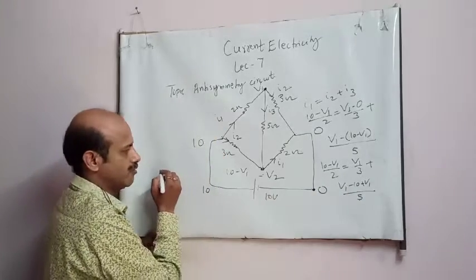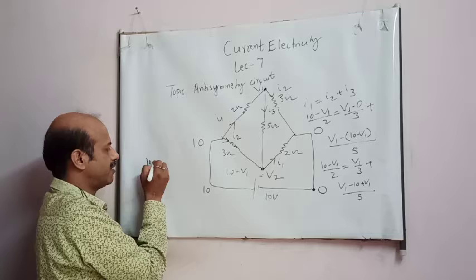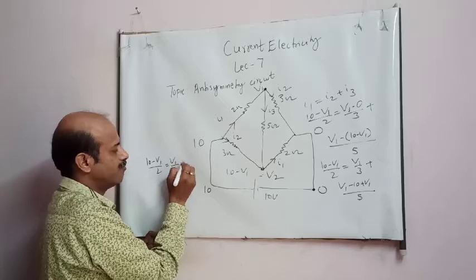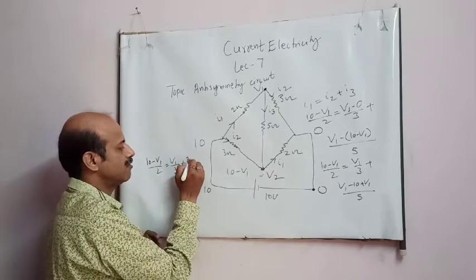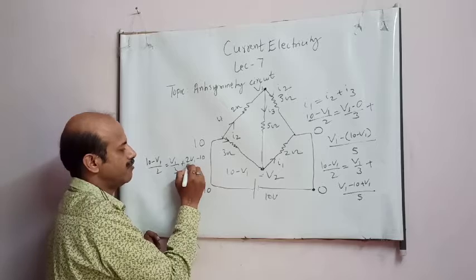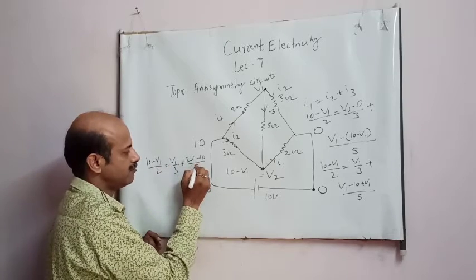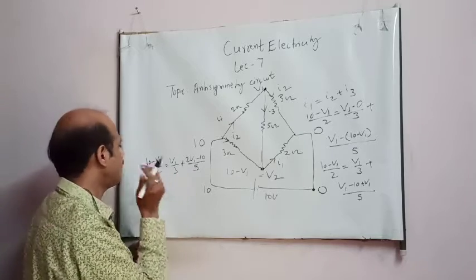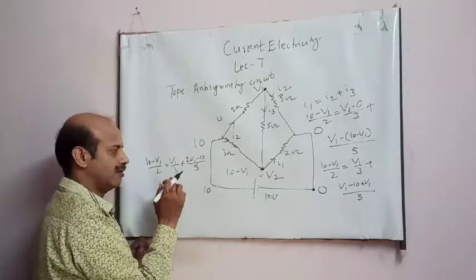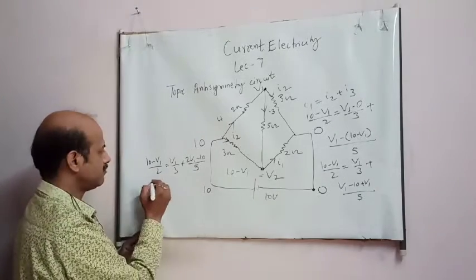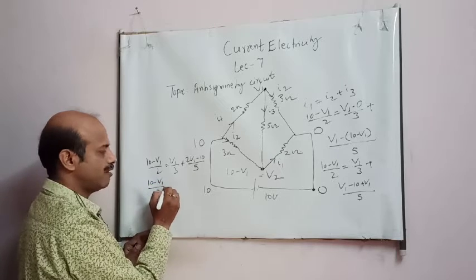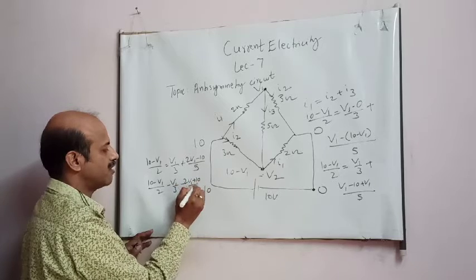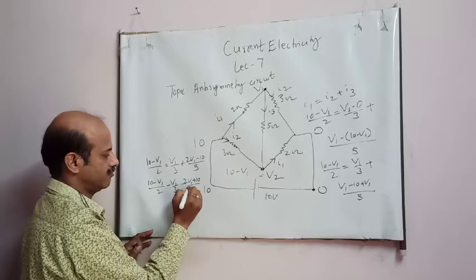Now I am writing the same step: 10 minus V1 by 2 is equal to V1 by 3 plus 2V1 minus 10 upon 5. Now, student, you have to simplify it: 10 minus V1 by 2 minus V1 by 3 minus (2V1 minus 10) upon 5.